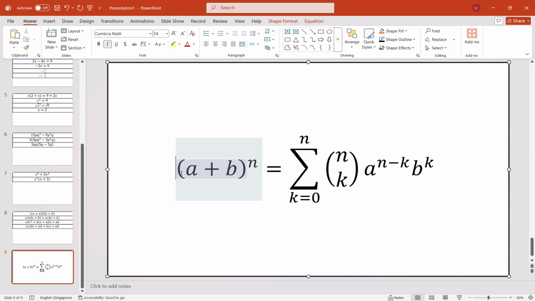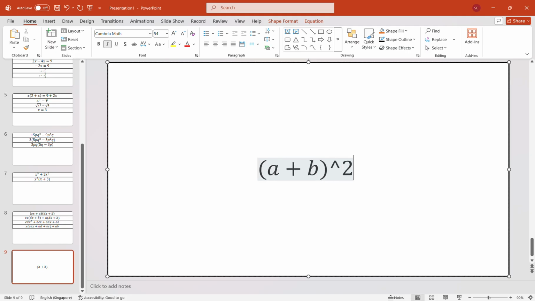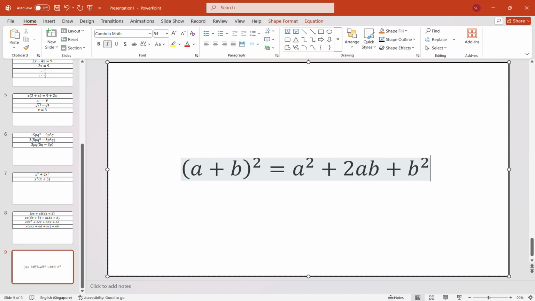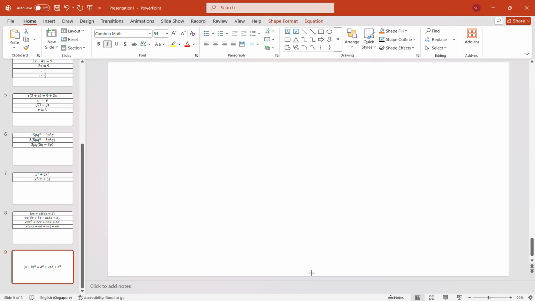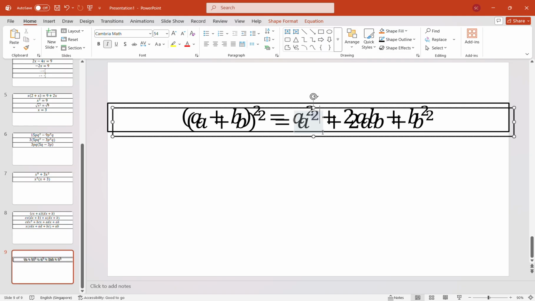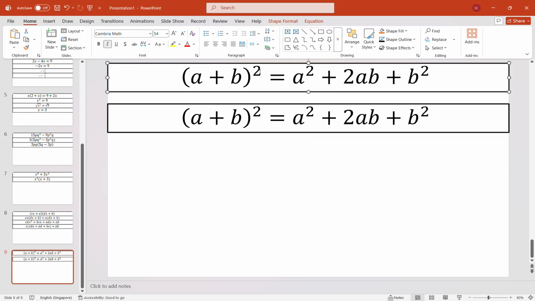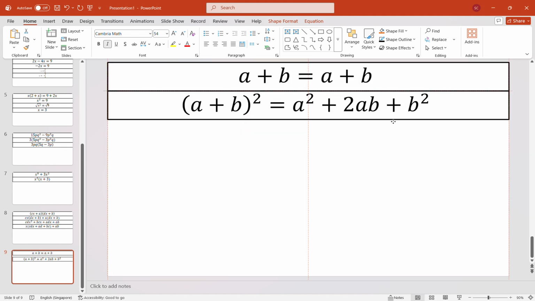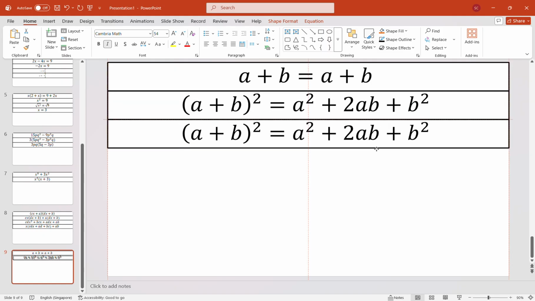Cool. And then I think this is level 1, this is level 2, and then this is level 3.